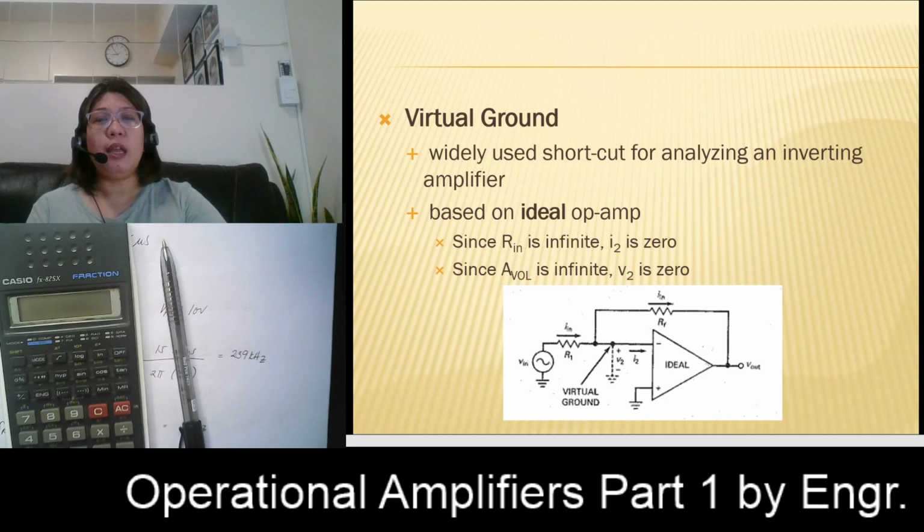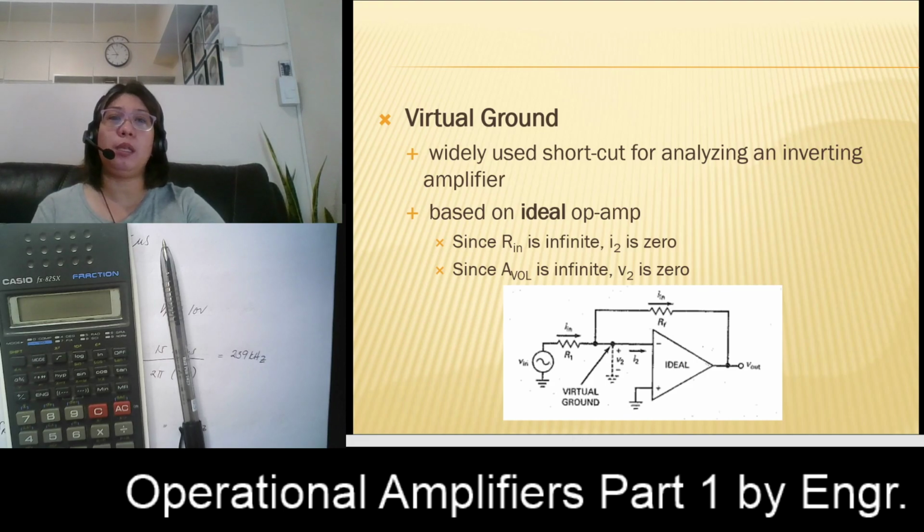Another ideal characteristic of our op amp is that our open loop voltage gain is infinite or very, very high. Voltage gain is equivalent to output voltage divided by Vin. So how are you going to make your open loop voltage gain infinite?